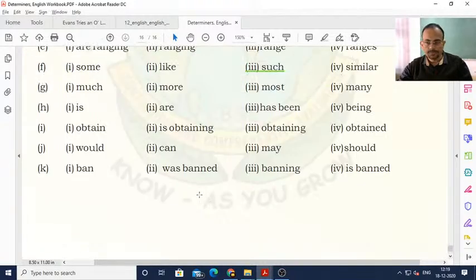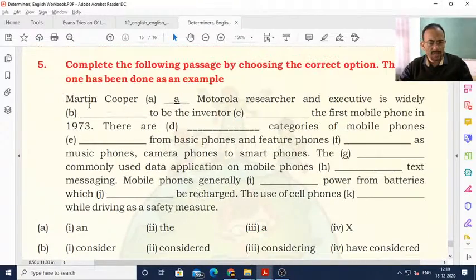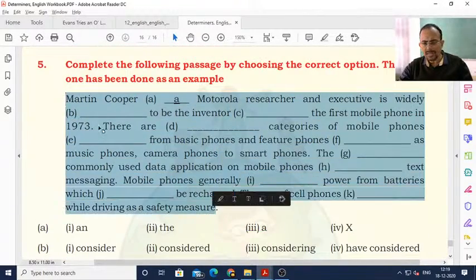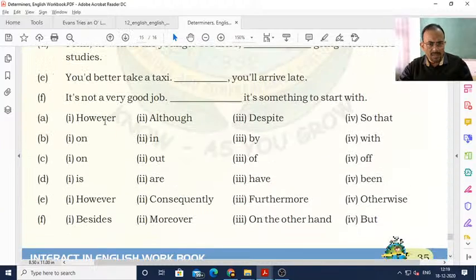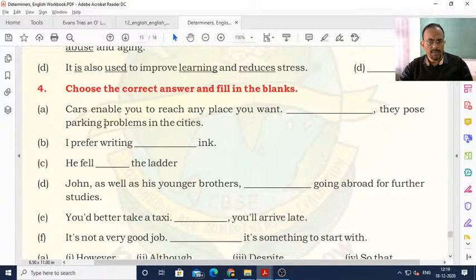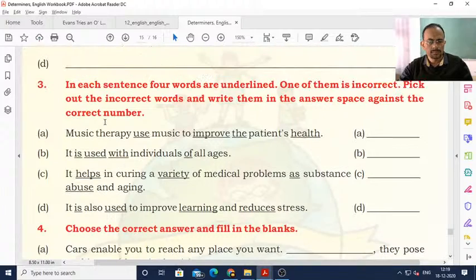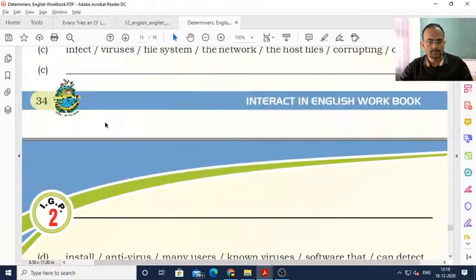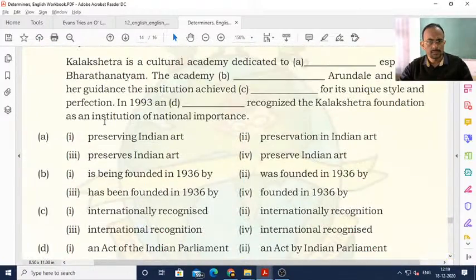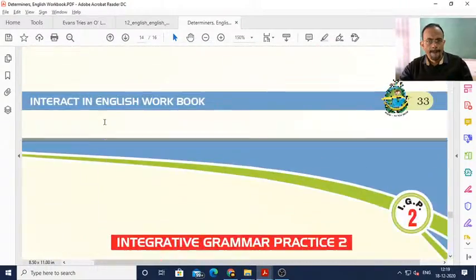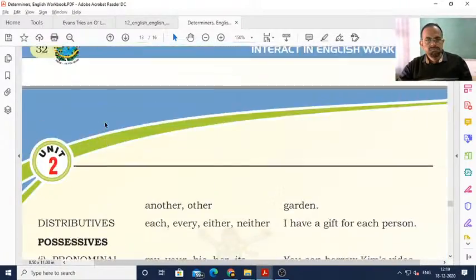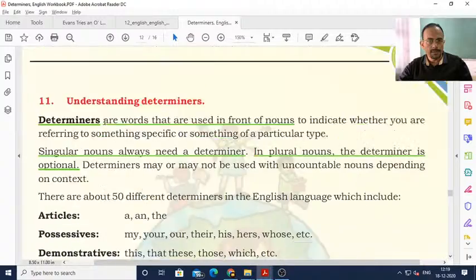Okay, there are some determiners here, and here also you can see, for example, I show you here.